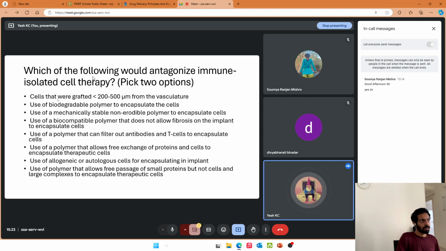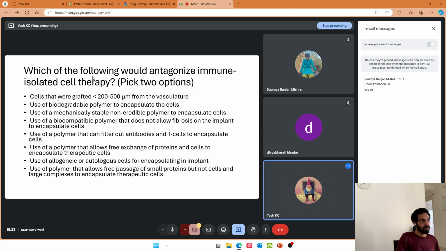So basically something to prevent fibrosis from happening, or a polymer that can filter out antibodies and T cells to encapsulate these cells, or a polymer that allows free exchange of proteins and cells to encapsulate therapeutic cells, or use of allogenic or autologous cells for encapsulating an implant, or a polymer that allows free passage of small proteins but not cells and large complexes.